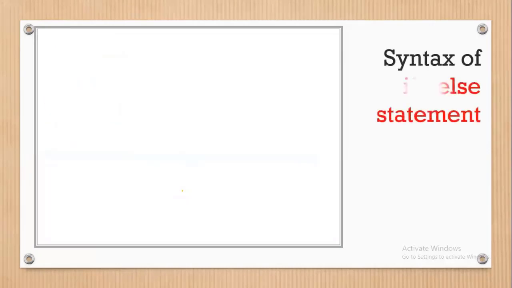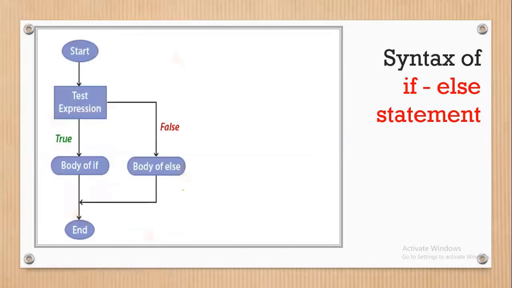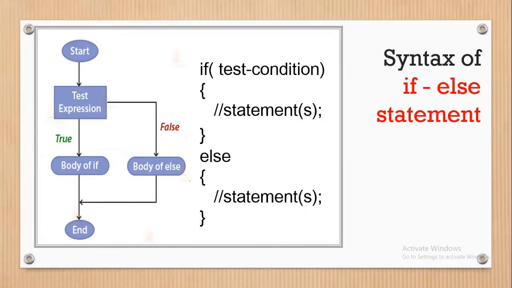Then we have another one, the if else statement, similar to the if, but there is also a false part. If the condition is false, it goes to the else statement and follows that statement. So there is an if condition having the test expression, and if the condition is true, the statement will be followed.